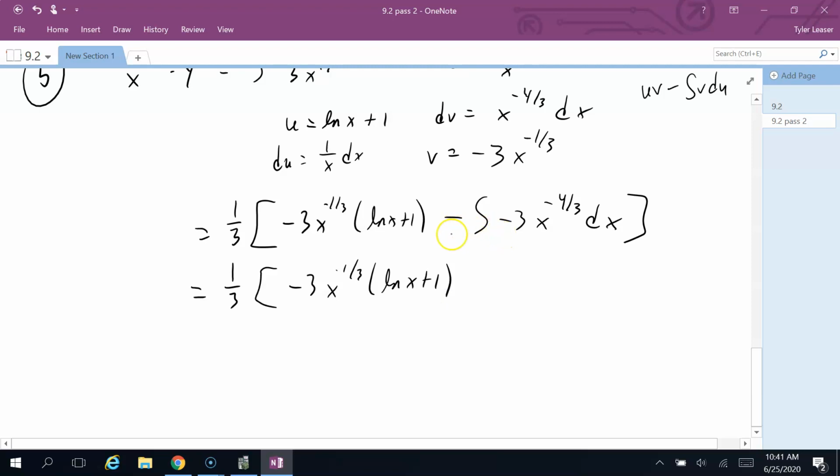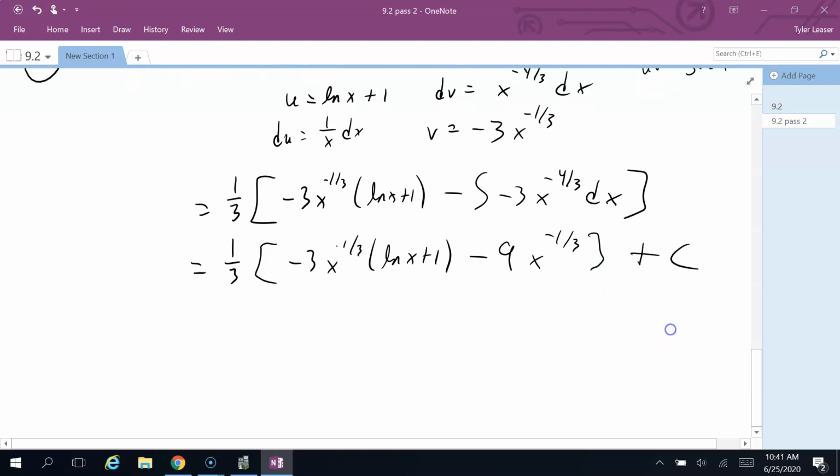Here the double negative cancels out to be positive. Negative 4/3 is going to go up to negative 1/3, and we're going to divide by another negative 3. So I already have a positive 3 out in front. I'm going to multiply by another 3, and it's negative. And then that negative 4/3 goes to negative 1/3. At this point, we'd want to include the plus c.